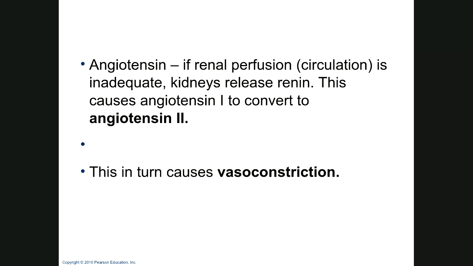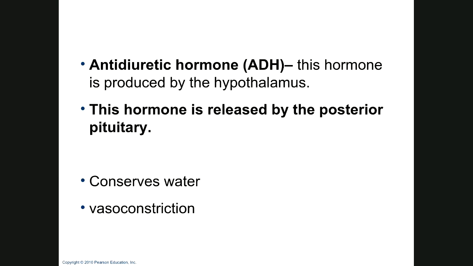Okay, going too fast. Let's see. Antidiuretic hormone is produced in the hypothalamus, stored in the neurohypophysis, also known as posterior pituitary. It conserves water. It also causes vasoconstriction. So antidiuretic hormone will increase the blood pressure.